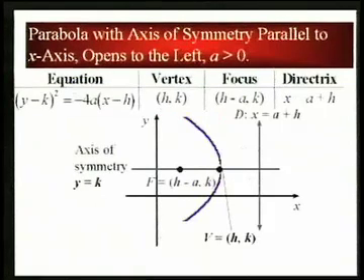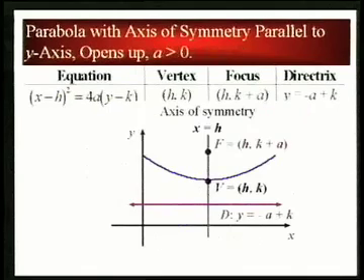If we have a parabola with the axis of symmetry parallel to the x-axis, and the parabola opens to the left, then the equation is of the form y minus k quantity squared equals negative 4a times x minus h. This is a parabola that opens to the left that is shifted h units horizontally and k units vertically.